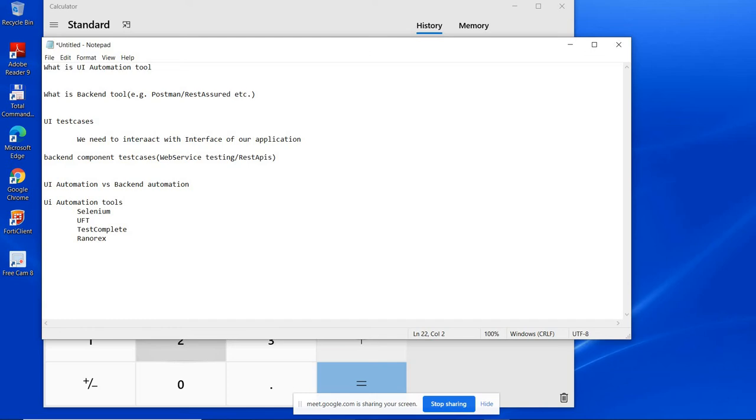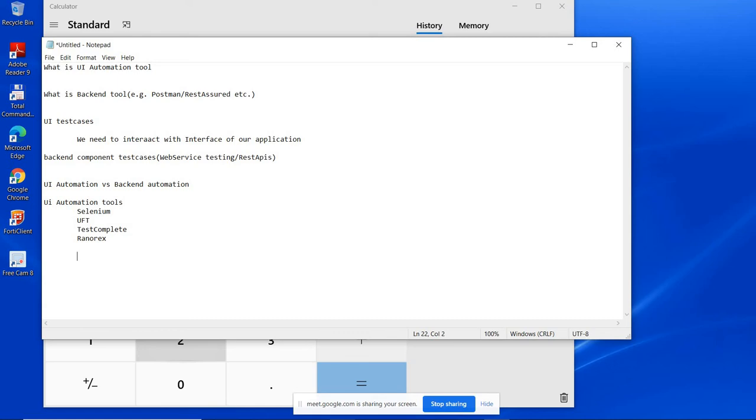The common thing in these tools is that they work on certain UI automation principles. We will talk about them in short, but UI automation principles are very important to understand here, guys. Before we learn any UI automation tool, whether it be Selenium, UFT, APM, or anything, we should be very clear about the principles they work on. We will discuss them shortly.